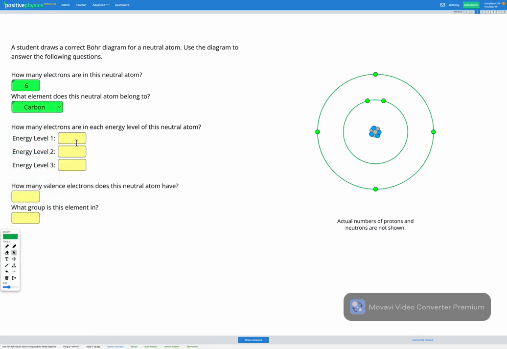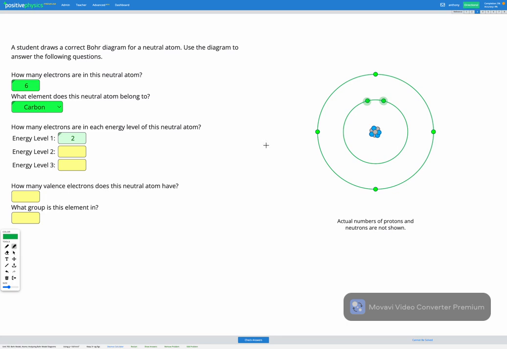Okay, next, how many electrons are in each energy level of this neutral atom? Well, the first energy level is the one closest to the nucleus. So this is our first energy level, and we've got 1, 2 electrons in there. Our second energy level is the one that's second closest to the nucleus.